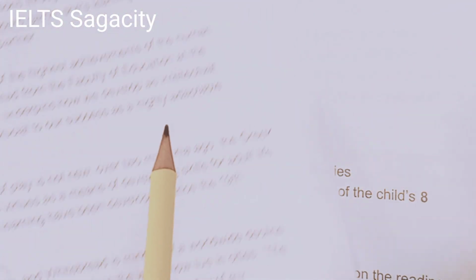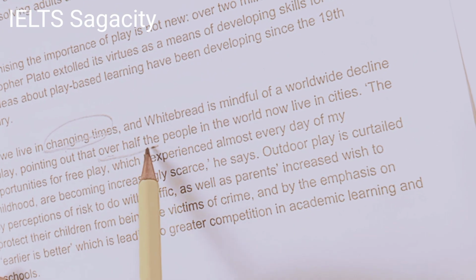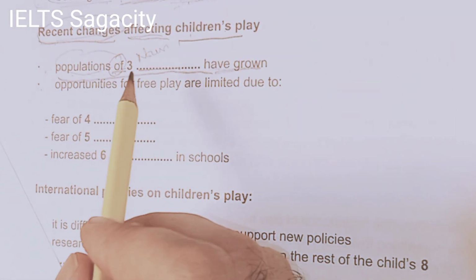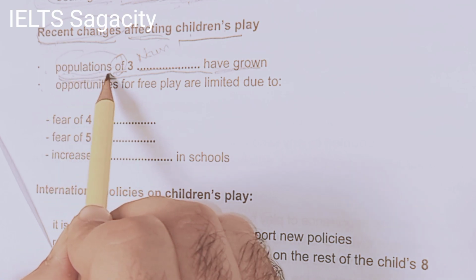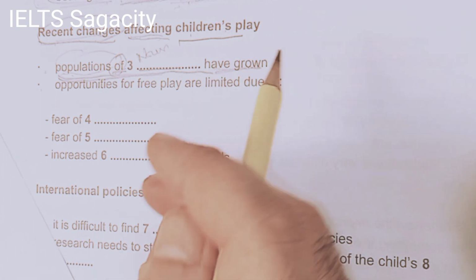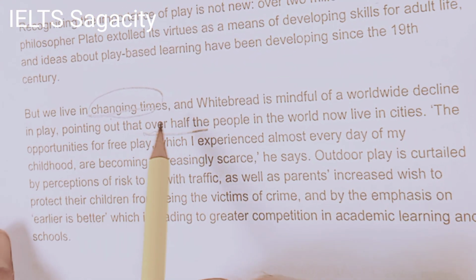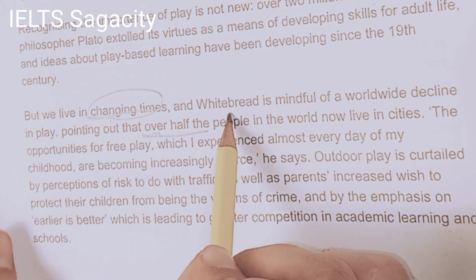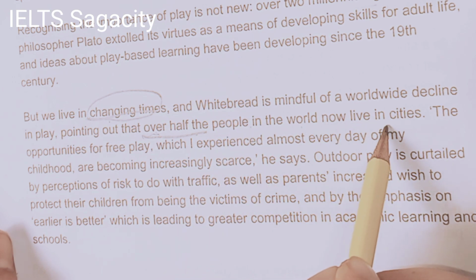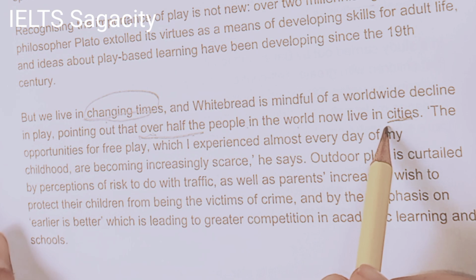So populations have grown. Whitebread is mindful of a worldwide decline in play, pointing out that over half of the people in the world now live in cities. So apparently it is a possible answer for populations of dash have grown. There are places where people have moved to recently, and cities are those places.